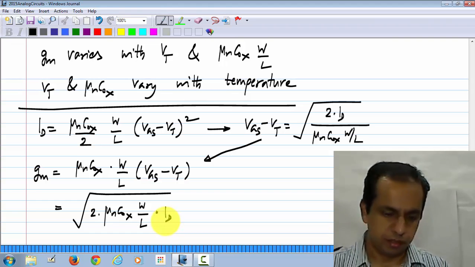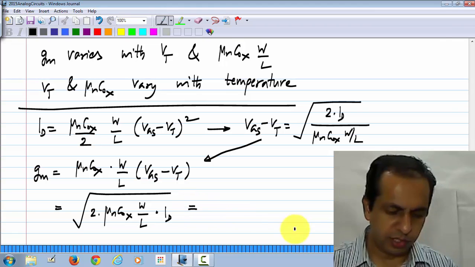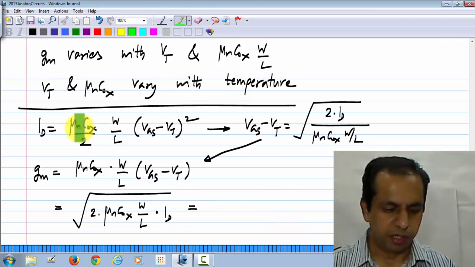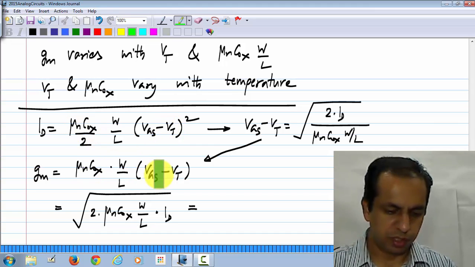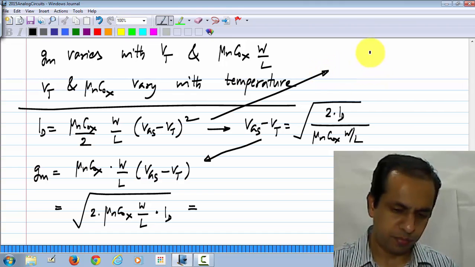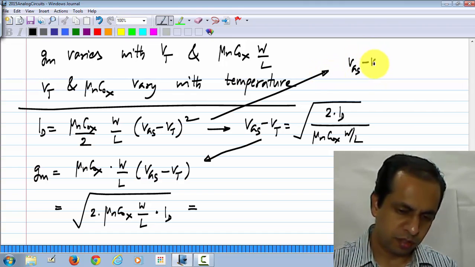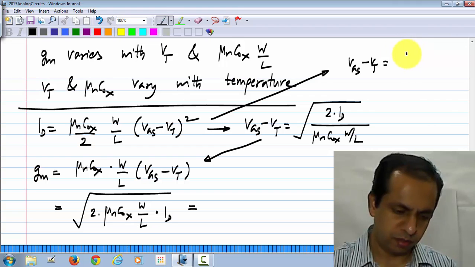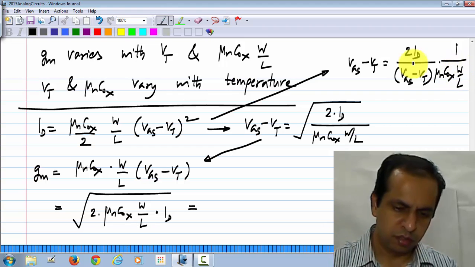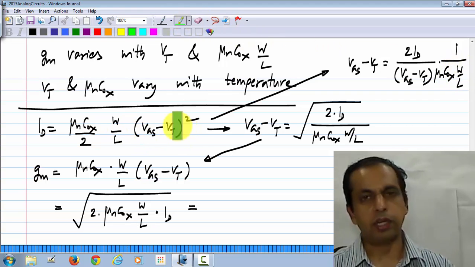And finally, simply by examining this expression and this one, yet another way of expressing VGS minus VT could be this. All I did was to rearrange the terms.